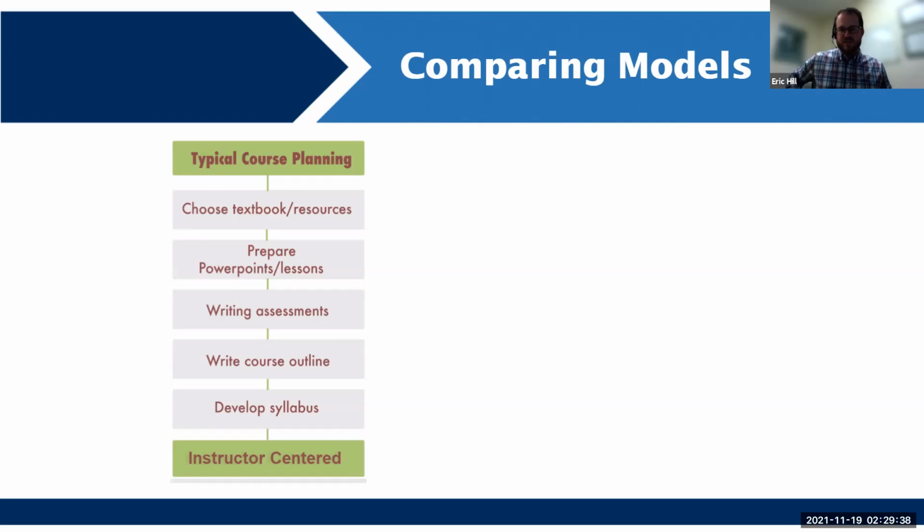And those assessments in that particular case may or may not be aligned to our course objectives because they're probably aligned to the tools that we selected, the content that we selected.